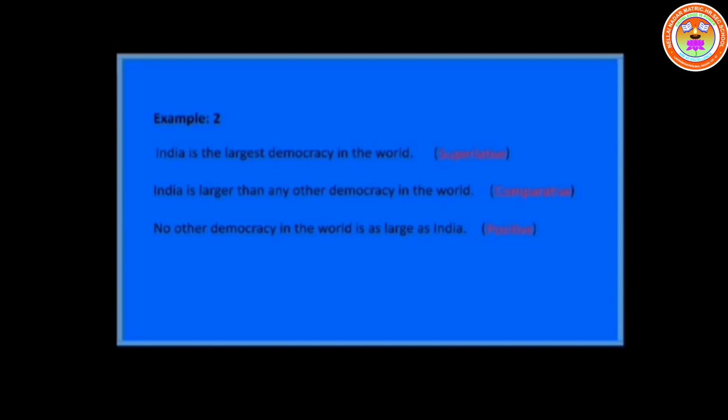How can you change from superlative degree to comparative degree? Yes, India is larger than any other democracy in the world. And very easily you can change it to positive degree also. No other democracy in the world is as large as India.